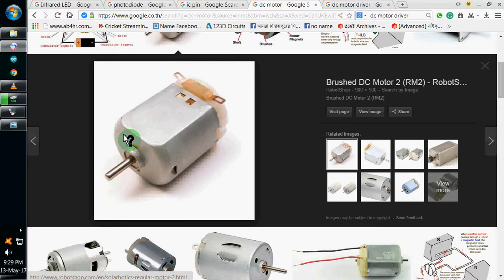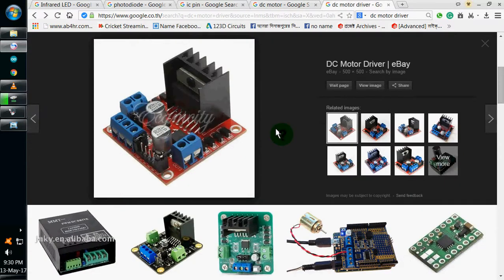Here is a circuit board that is called a DC motor driver. Usually we don't need to think about the very small parts. We have to think about the terminals. If we observe this board, here you can get 2 terminals, and here also 2 terminals, and here 3 terminals.